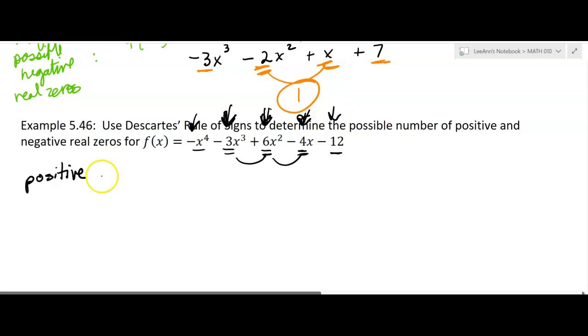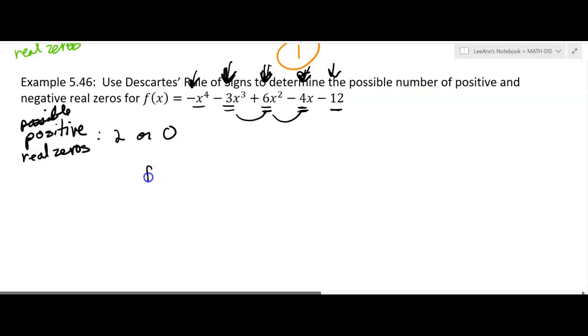So there are 2 or 0 possible positive real zeros. Possible. I hate to keep writing it out. Positive real zeros. Okay, now we'll do the negative ones.